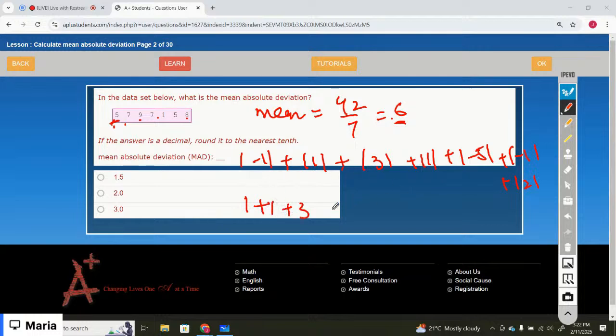1 plus 1 plus 3 plus 1 plus 5 plus 1 plus 2. You need to add them all. The sum of all these values is 14.